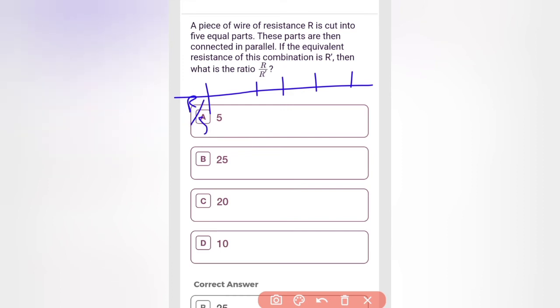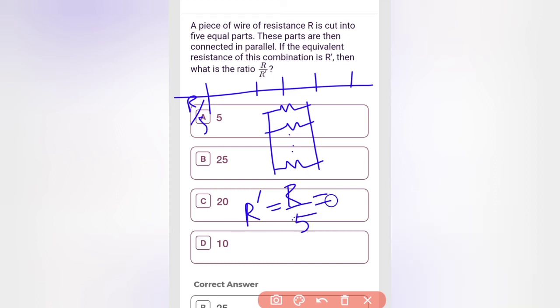Okay, R by 5. So when all these 5 parts are connected in parallel, we need to find the total resistance. That resistance is going to be R dash. All are having the same value, which is R by 5. So it's going to be R divided by N. How many? 5. So R divided by 5 here. What is the R value? R value is R by 5.